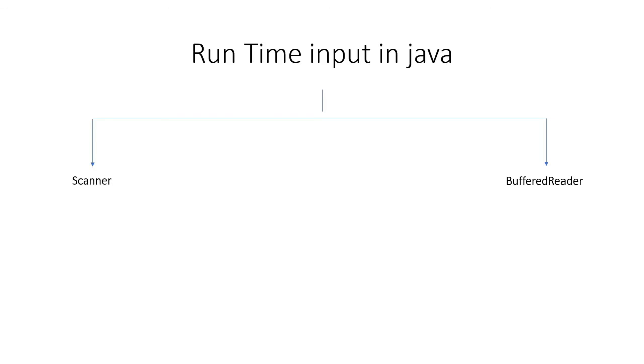Students, in class 9th we have already discussed BufferedReader, so you all know that by using BufferedReader we can take runtime input in our Java program. Same as BufferedReader, there is a Scanner class also. Either we can use BufferedReader or Scanner. But Scanner has different functions while BufferedReader has different functions. Even there is a different way to create objects of the BufferedReader class and the Scanner class.